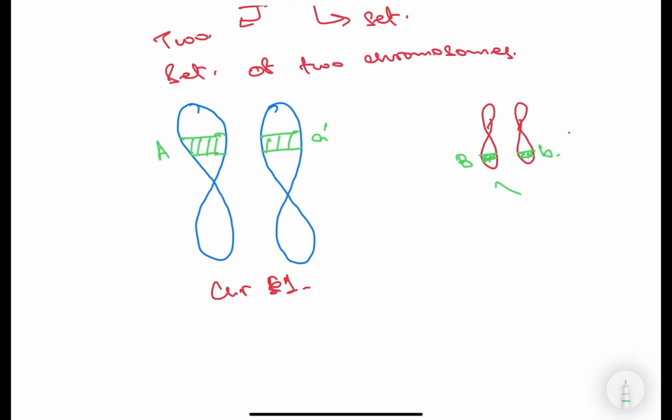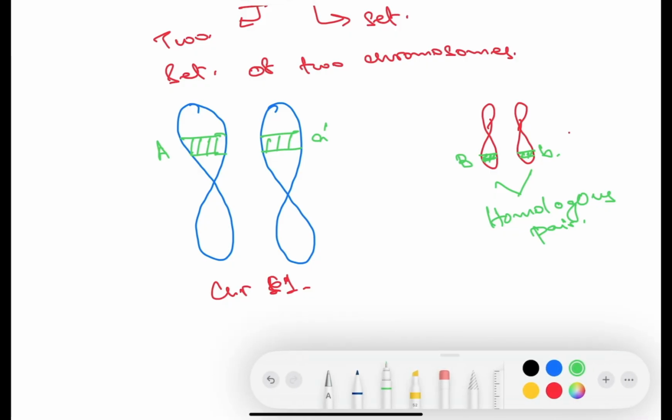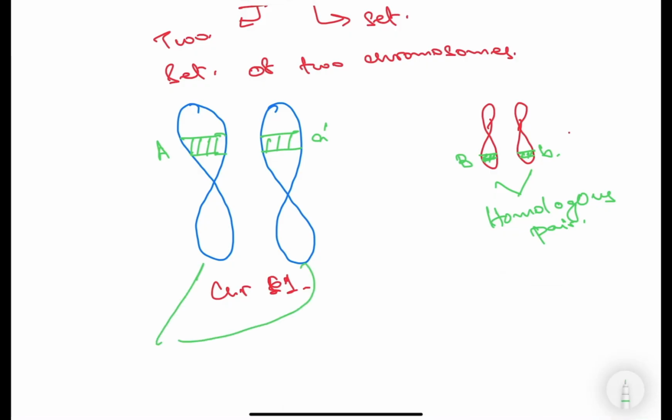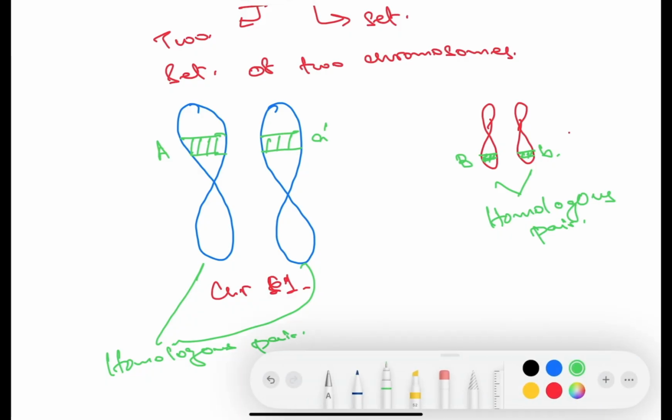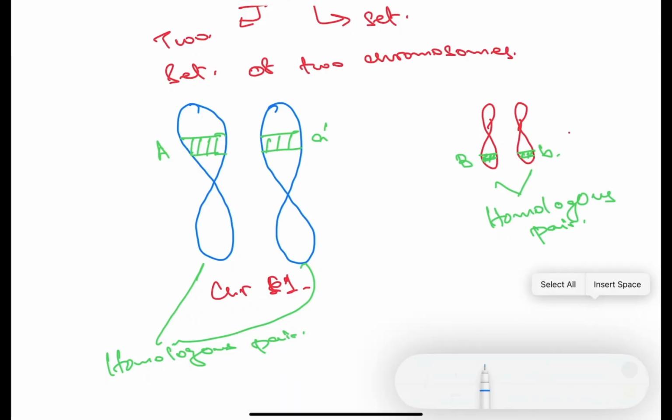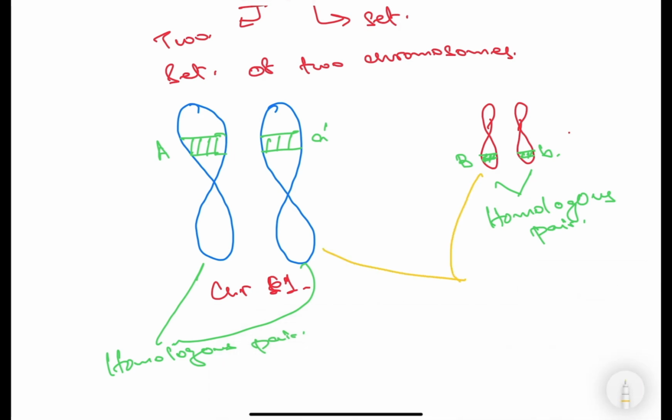So these are a homologous pair, and these two are a homologous pair, and if we take this one and this one, they are non-homologous chromosomes.